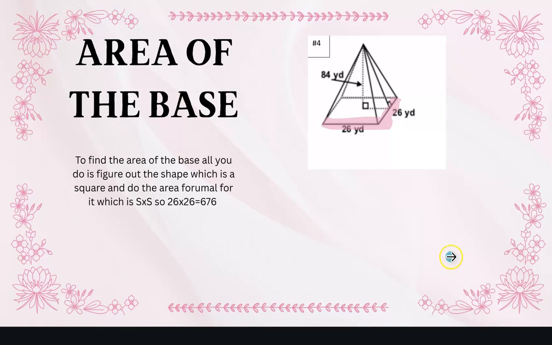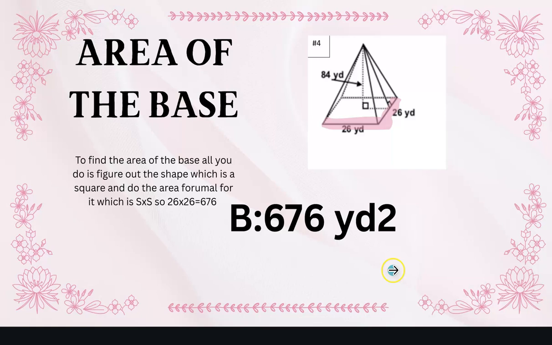Area of the base, which is the capital B: all you need to do is figure out what shape the base is and then perform the area formula. Since this is a square, we're just going to do side times side. So we're going to do 26 times 26, which is 676 yards squared, because when we do anything with area, it's always squared.